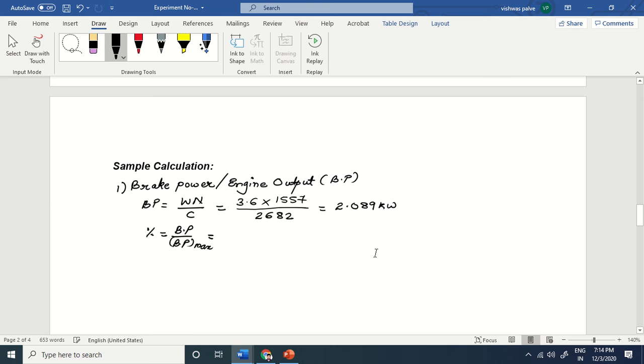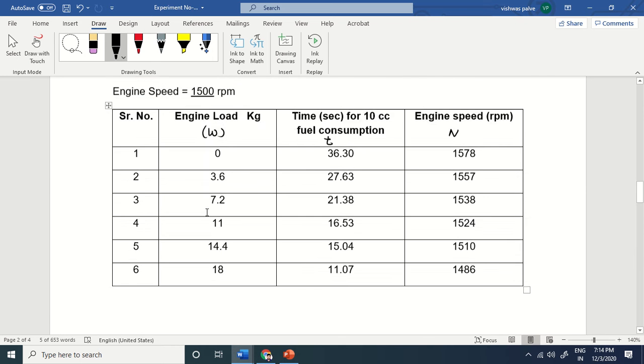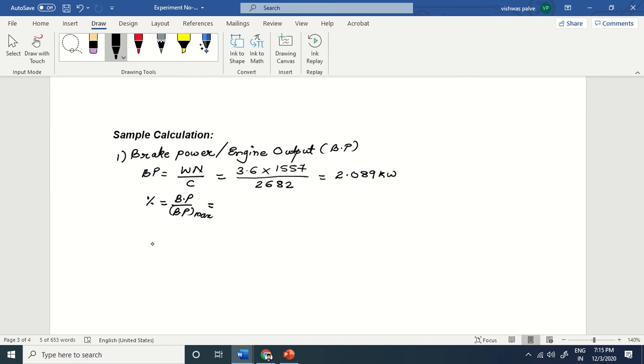Let us see the engine specification. There we have seen that the maximum brake power the engine can produce is 9.7. So we take the brake power 2.089 divided by 9.7, and from this you will get the percentage load as 21.53.